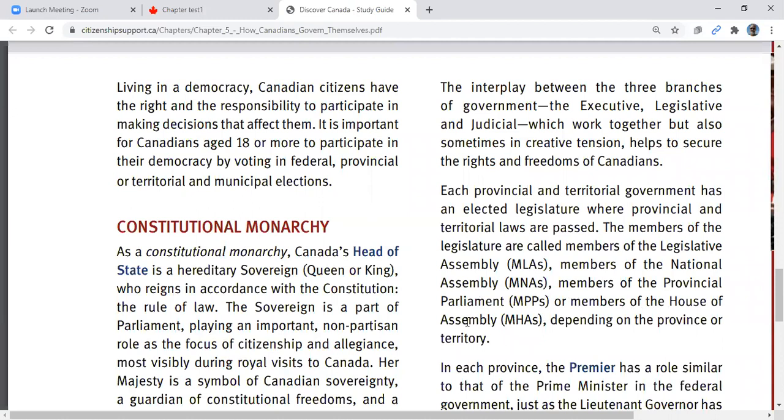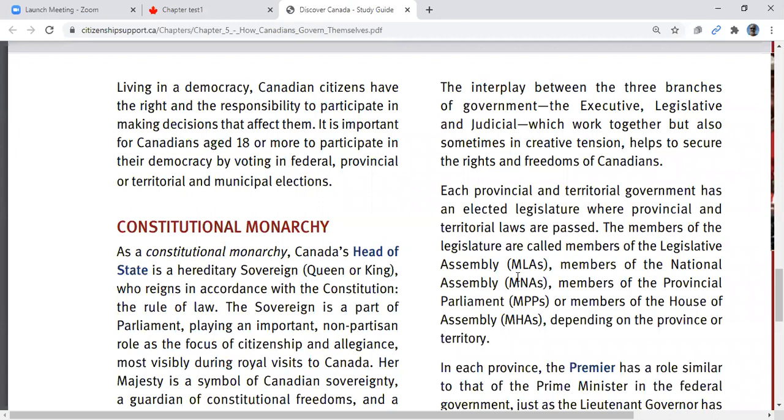And this one, the member is the M, the House is the H, and the Assembly is the A. Yeah, so try to just look at the first letter of each word, and then you'll know what they call them. Because this will be a question.